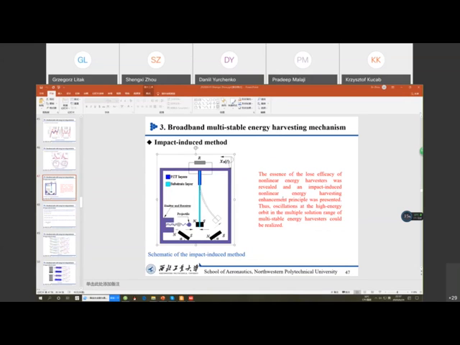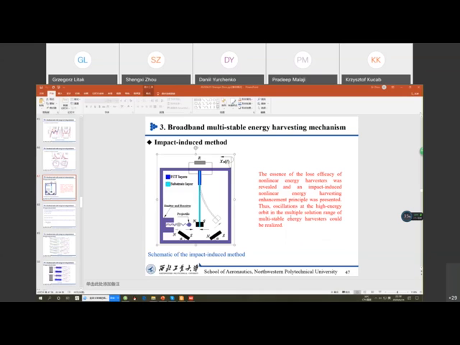So Dr. Malaji's question: how to take care of the fatigue in the large amplitude tristable harvester? Yes, this is a good question. It mainly focuses on the material and the structure itself. For a large amplitude vibration over a long period, it may sometimes destroy the structure.